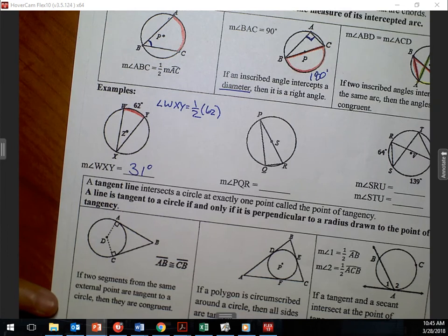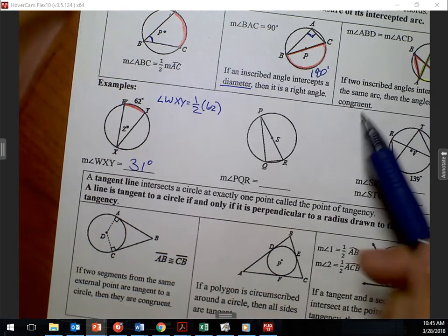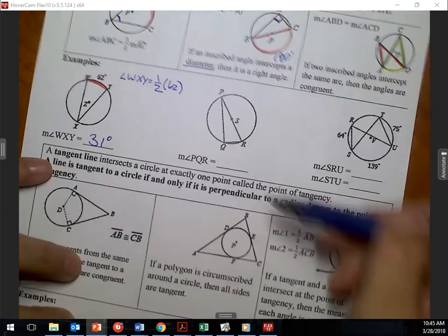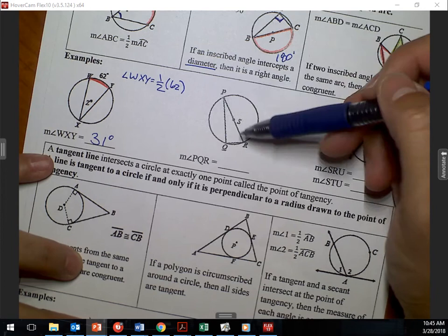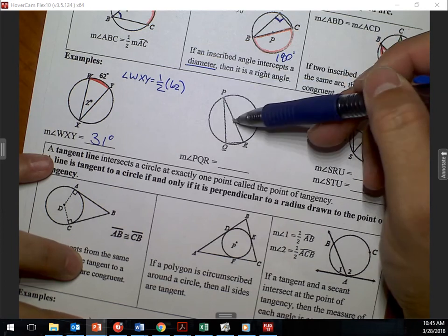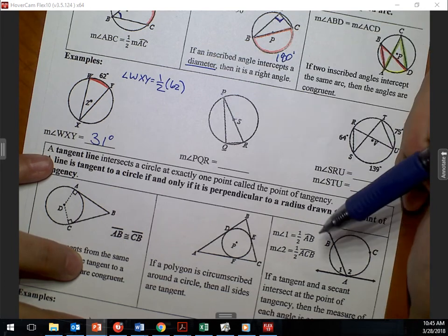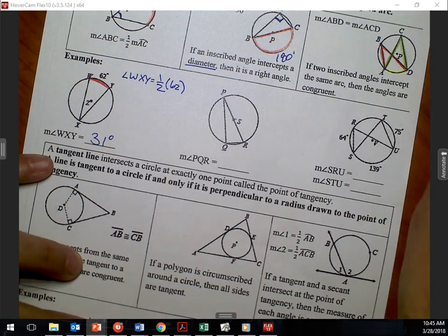Question? These ones are all like this because they're always touching the inside edge. All right, so right here, from P to R goes through the center. If it goes through the center, that is my what? Diameter.